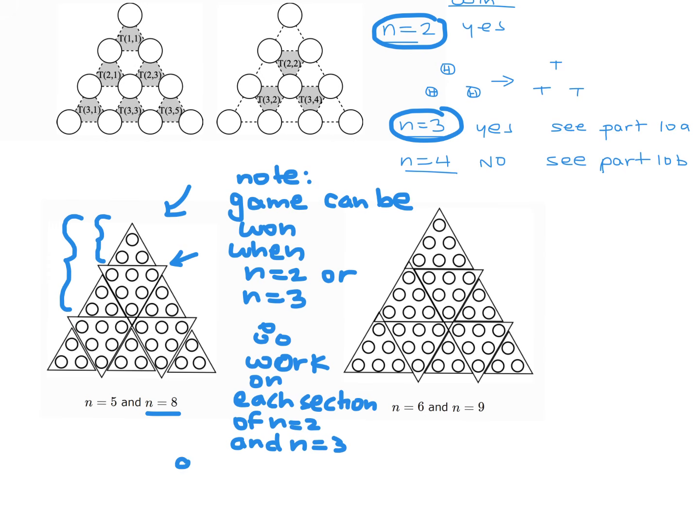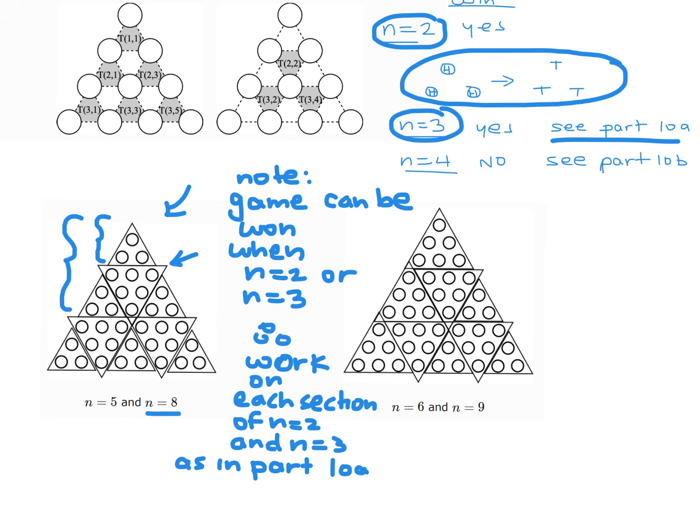As in parts 10A and 10B of this question. And as in 10, just 10A, not 10B. 10A is the one that we used for n equals 3. And then when n equals 2, you just flip it once, as I showed here.